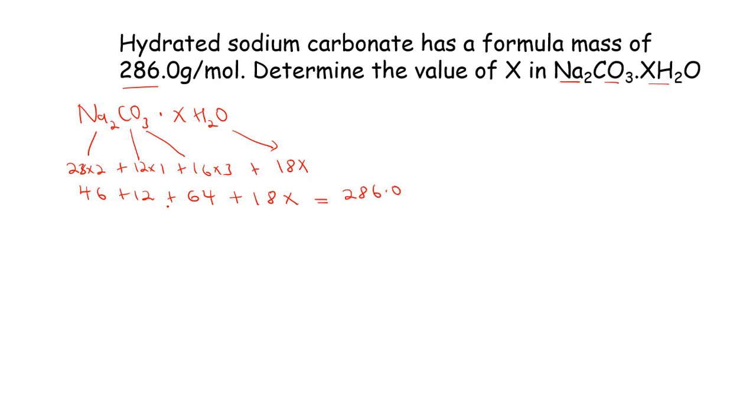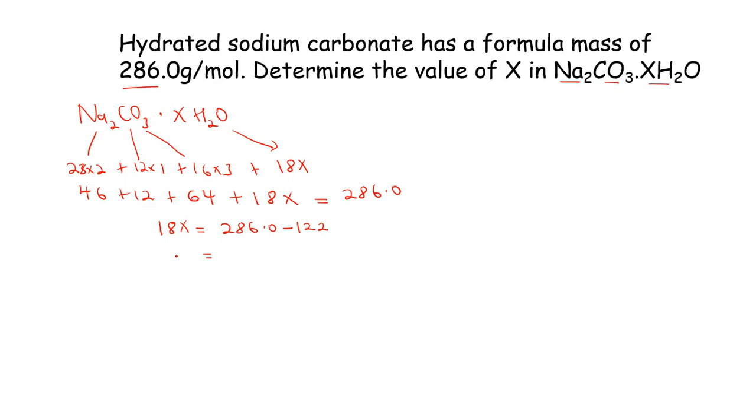This should be equal to our total, which is 286.0. This is the same method like our previous example, just that I've put all the different parameters on the left hand side. So we have 46 plus 12 plus 64, which is 122. So 18x will be equal to 286.0 minus 122. So if you subtract, we shall get 164.